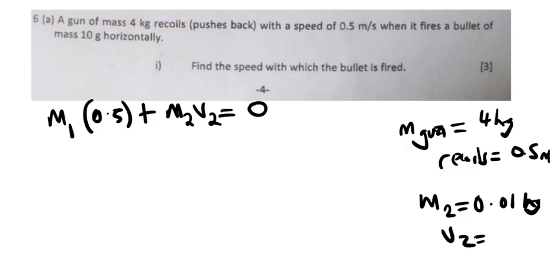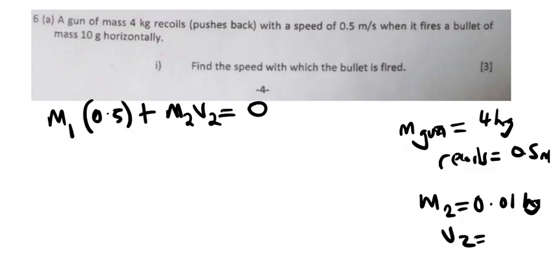In this case, we're trying to find the velocity of the bullet when it is just fired. So we're just solving now for v2.